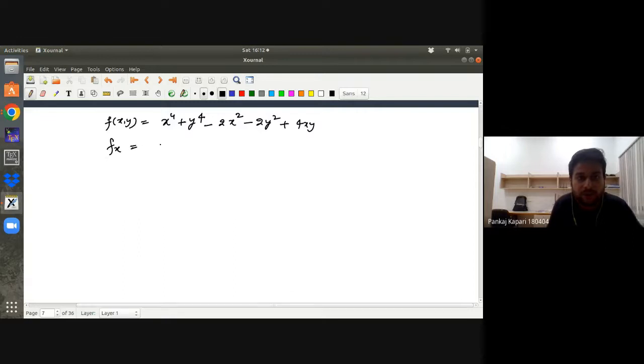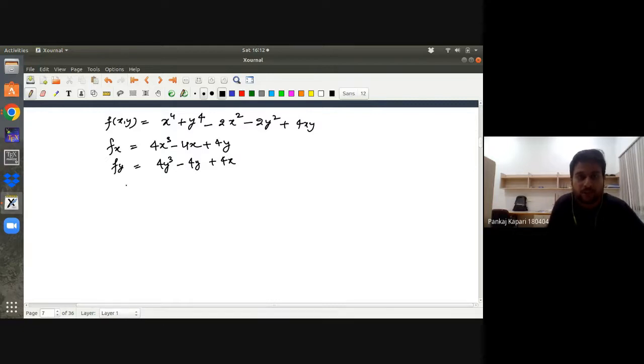So what is fx? 4x cubed minus 4x plus 4y, and fy is 4y cubed minus 4y plus 4x.